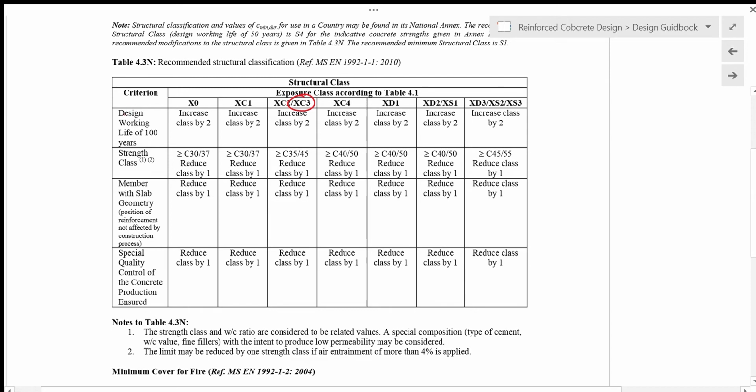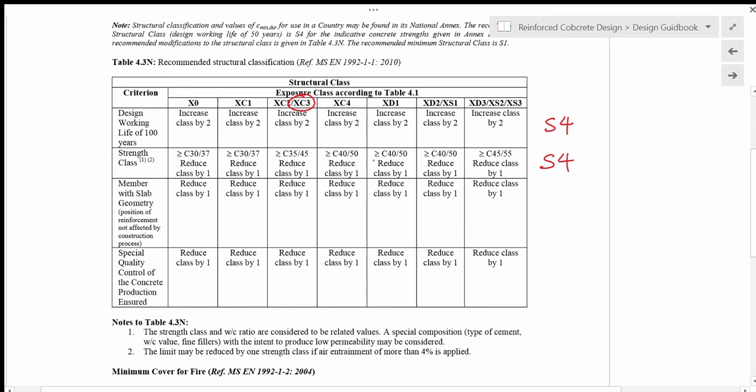We are designing the beam to design life of 50 years, so we are not designing for design working life for 100 years. So there is no increase in structural class, so it still remains as S4 after considering the first row. And then for the concrete strength class, we are not using any concrete strength class more than C35/45. So the structure class remain as S4.